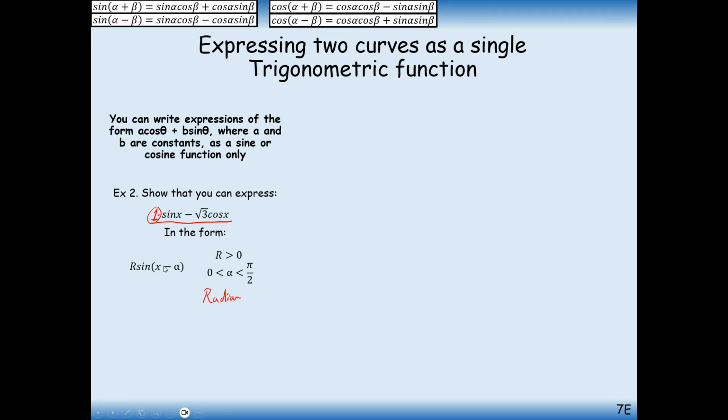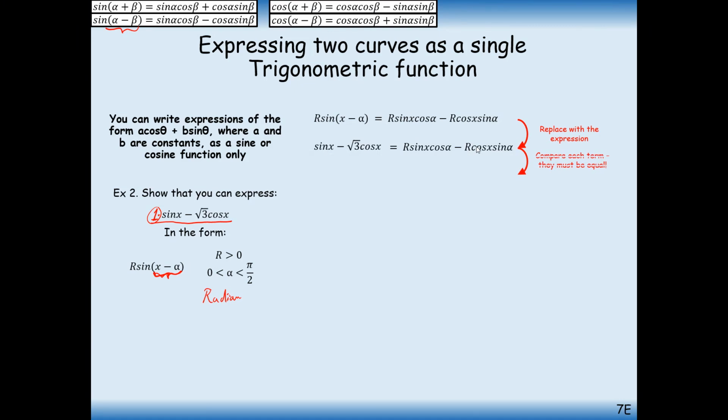Okay. This time we have subtraction inside the angle bracket, so we're going to take the corner for sine and use that to our advantage here. We will simply multiply by capital R on both sides, so we get this expression, and we will use 1 for what's missing there.